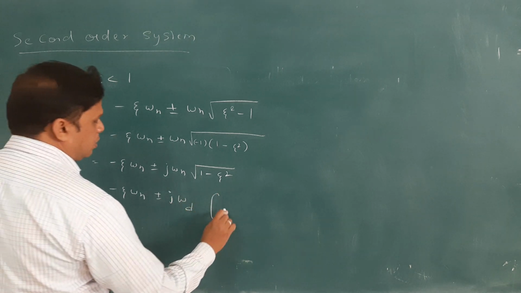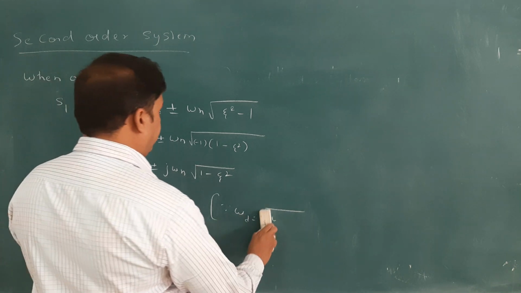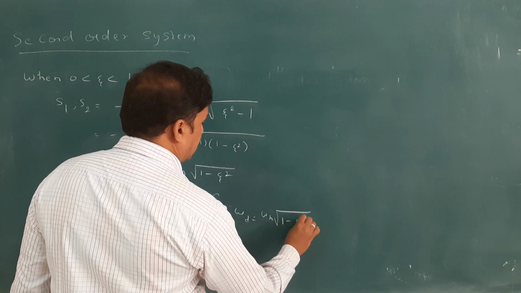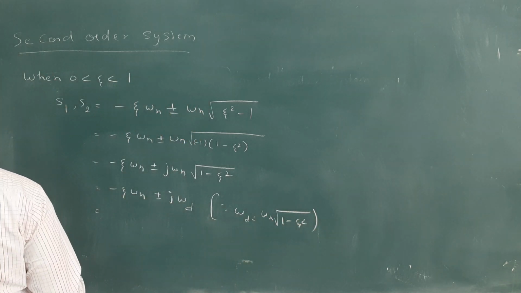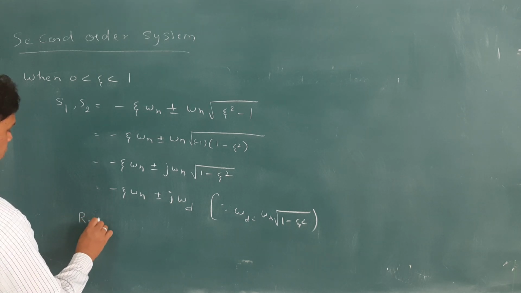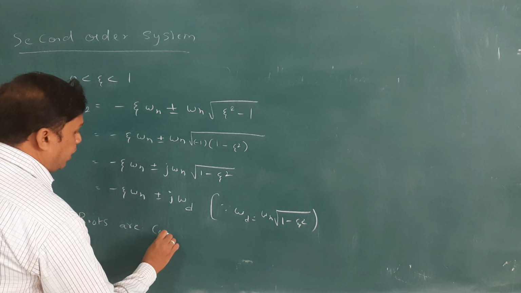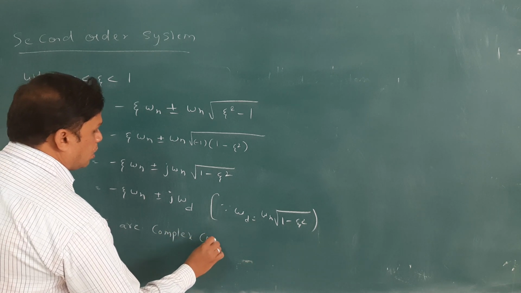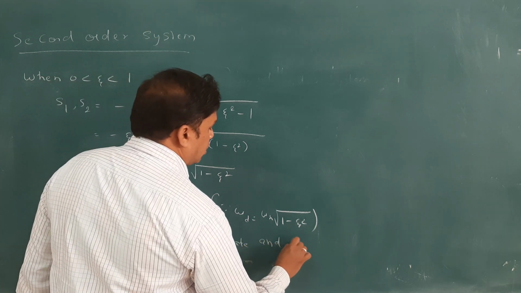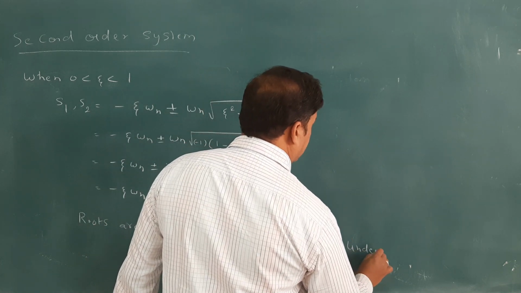So the roots here are complex conjugate, and the system is underdamped.